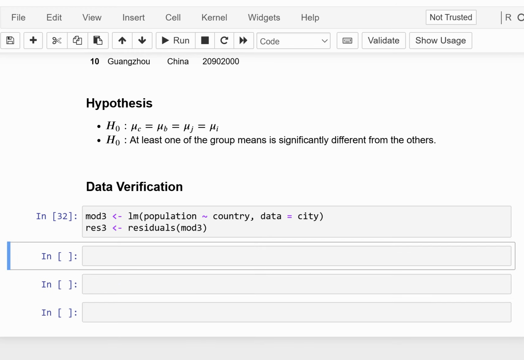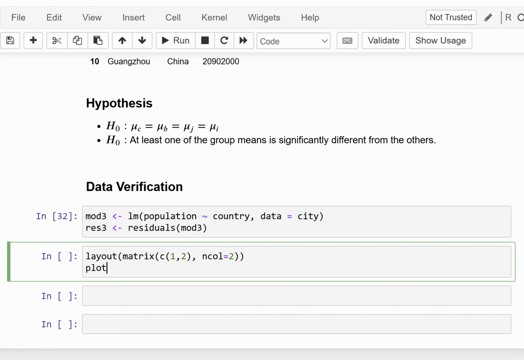There we go. So we created the model, created the residuals, and then we're going to do our layout and our matrix and our concatenate 1, 2, and our comma and call equals 2. All right, so that gets us the grid that we need. We're going to plot the density of res3, and the main title will be density of residuals.